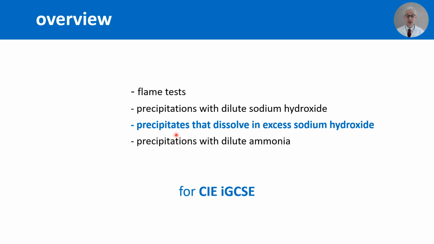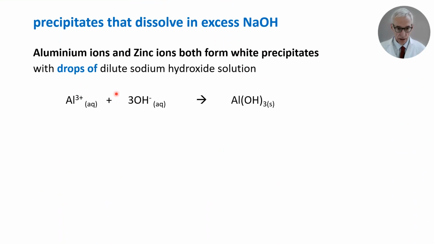Moving on to precipitates that dissolve in excess sodium hydroxide. That is, they are soluble in excess sodium hydroxide. So both ions on this slide, aluminium ions and zinc ions, form white precipitates that dissolve in excess sodium hydroxide.